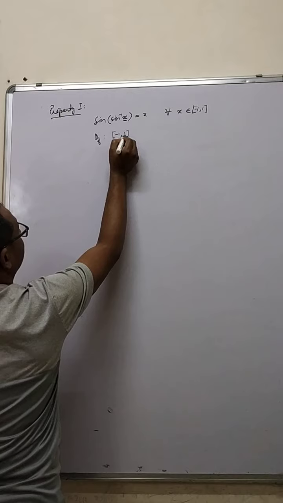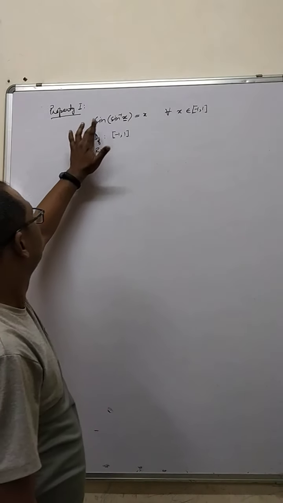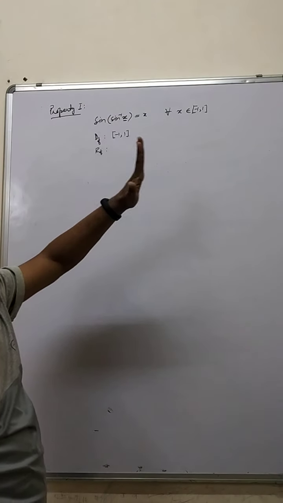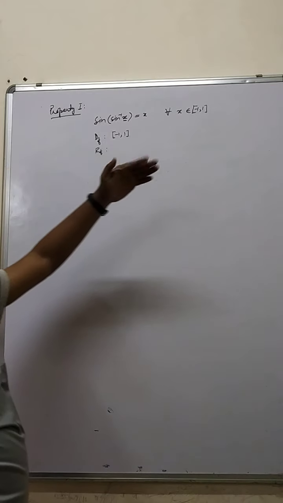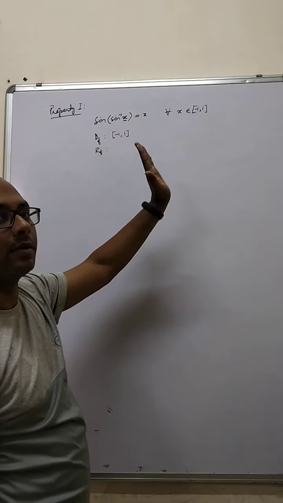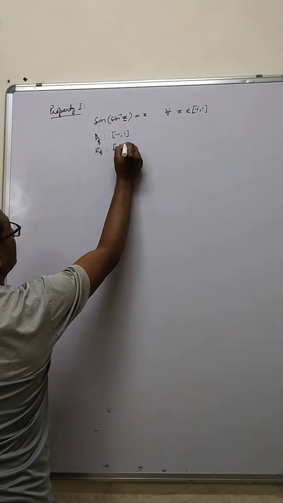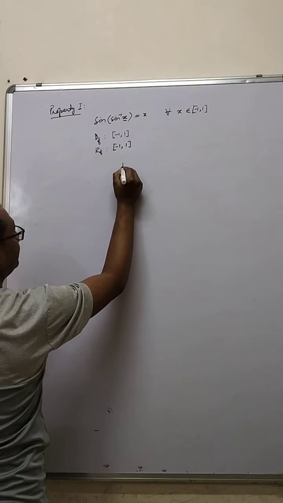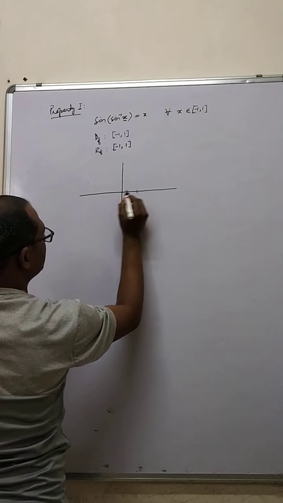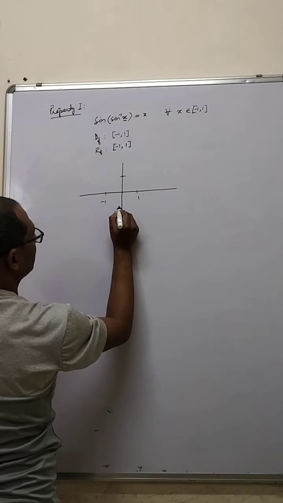And the range of f, sine of sine inverse of x: sine inverse of x goes from -pi/2 to pi/2, so the sine value will go from -1 to 1. So the domain is from -1 to 1, and the range also is from -1 to 1.